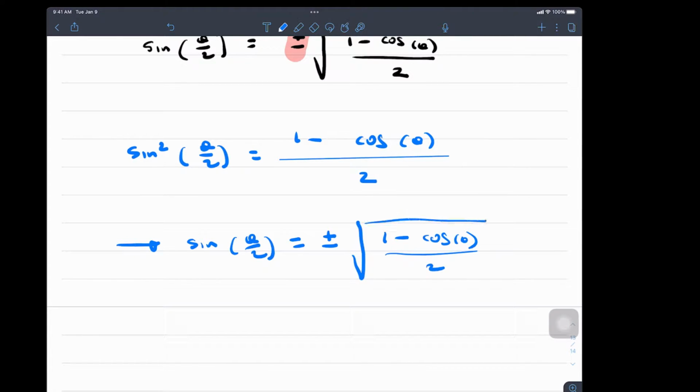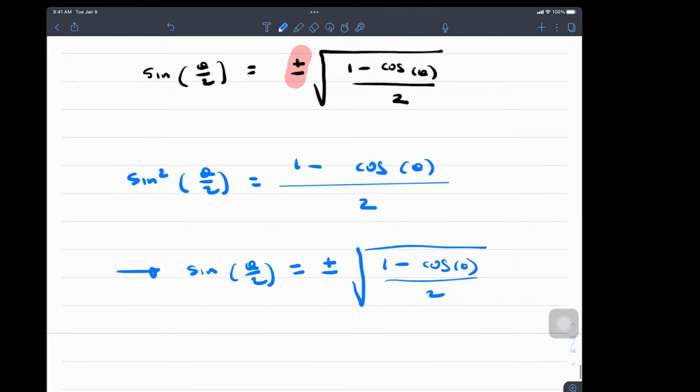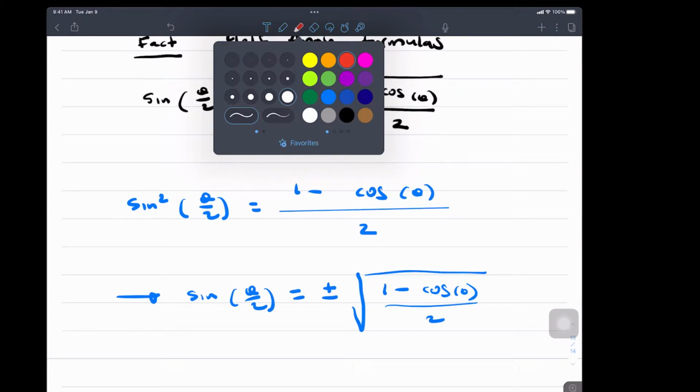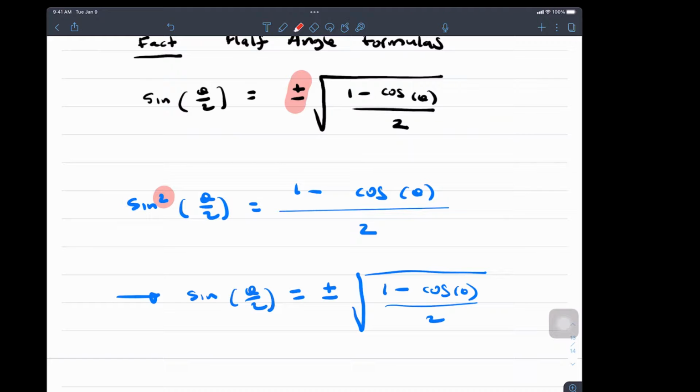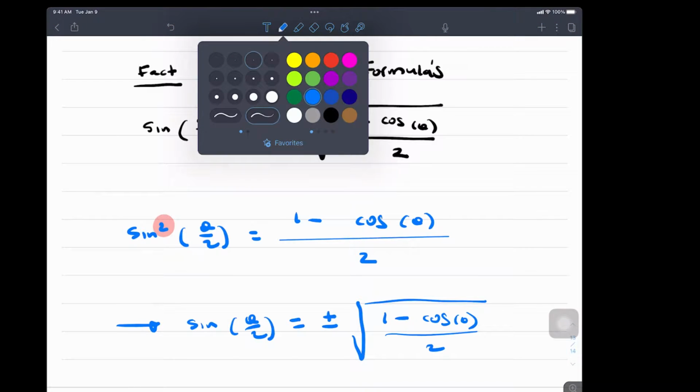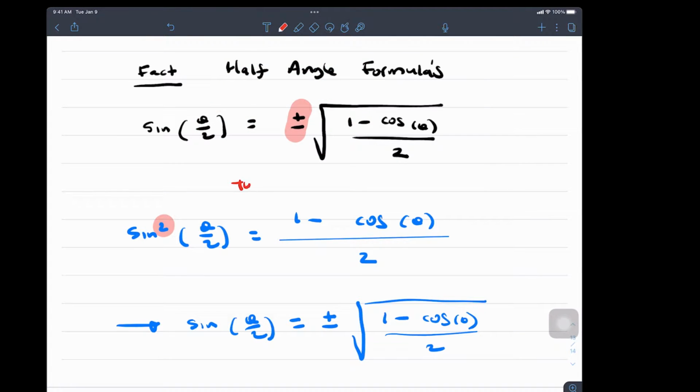Where does that come from? Well, it comes from solving by the square root formula, because you have sine squared here, so this is a power 2. And so you have 2 solutions here, right? People should be aware that there are 2 solutions because it's plus or minus.